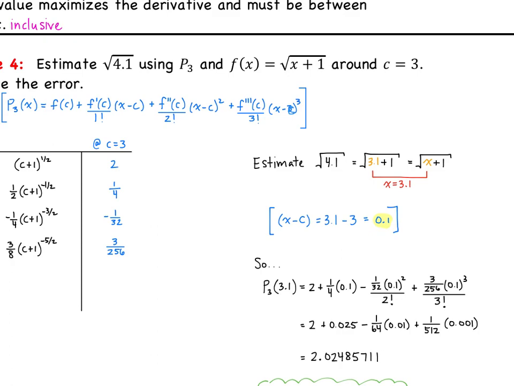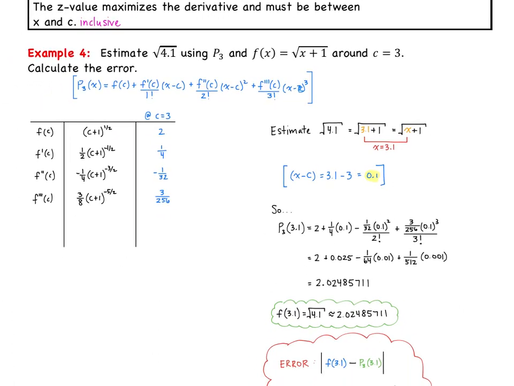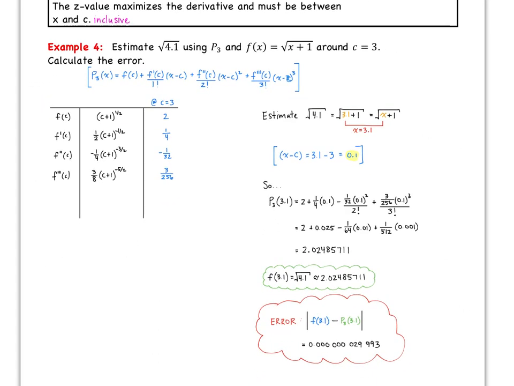Using our table of values from the left for our coefficients, our first term is 2, the coefficient of the second term is 1/4 times x minus c, or 0.1, minus the coefficient 1/32 over 2 factorial times 0.1 squared, plus the last coefficient 3/256 over 3 factorial times 0.1 cubed.